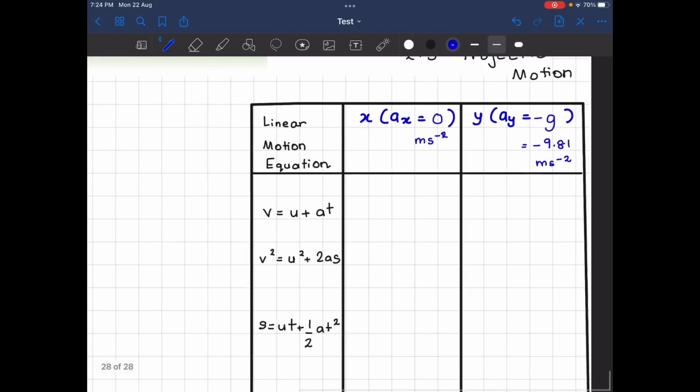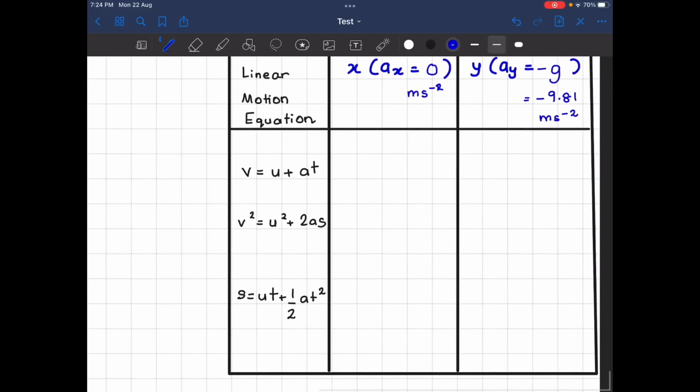Okay, so I'm going to write the formula down. We have Vx equals to Ux plus Axt. But since Ax is 0, so you ada Vx equals to Ux saja. Same with equation 2, we have Vx square equals to Ux square plus 2AxSx, but this one will be 0 because our Ax is 0.